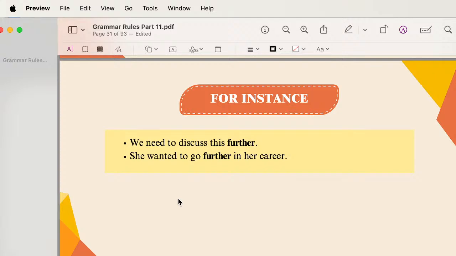Now, there are a few questions in the comment section. Let me just go through it once. Okay. So, elder is used in comparison. Of course, elder is used in comparison. Elder can be used for members whom you want to show respect, and at the same time, they are older than you.